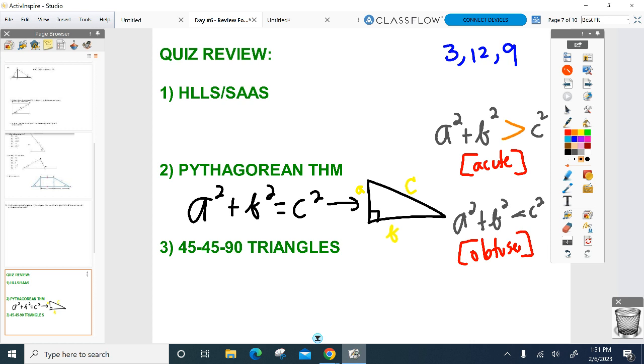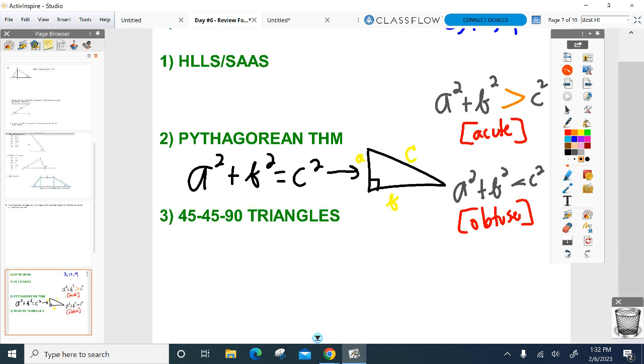The 2 smallest sides, even though I don't write them in the order. You don't just take the first 2 and plug it in. The 2 smaller sides. All right? All good. Pythag tomorrow. And look, Pythag could be used anywhere. Hills and Sass, if you're forgetting something, 30, 60, 90, 45, 45. As long as you guys have 2 out of the 3 sides, Pythag may be an option for you, no matter what type of problem it is.